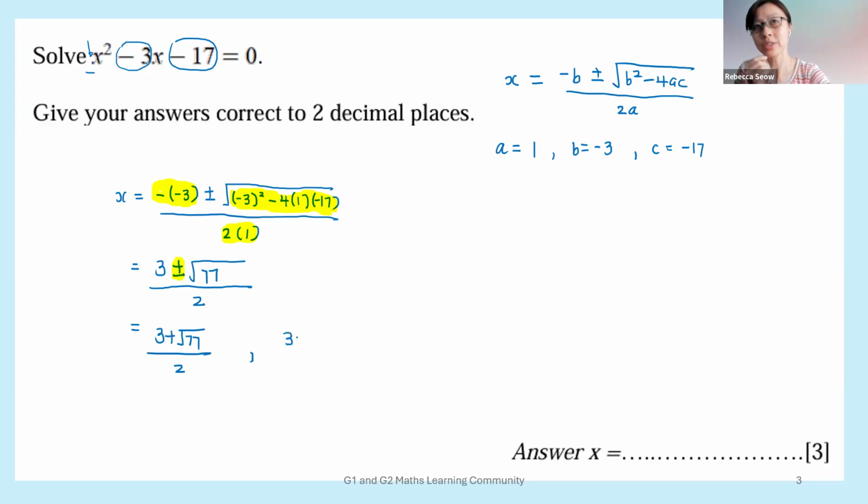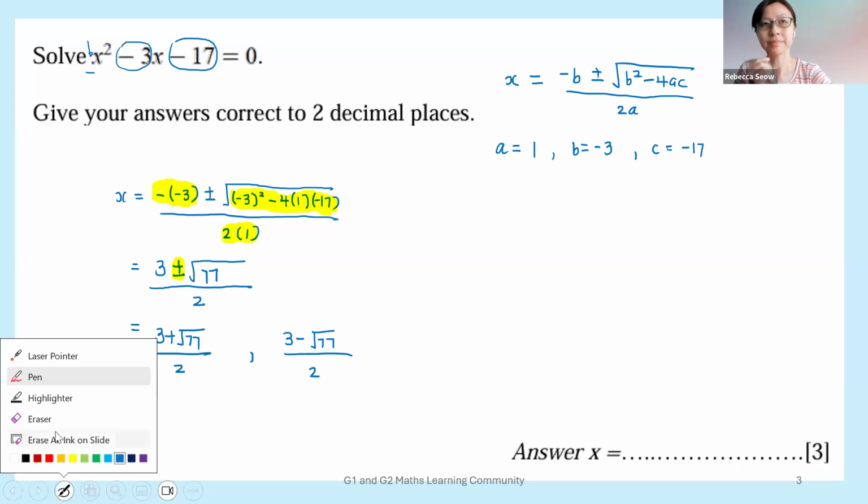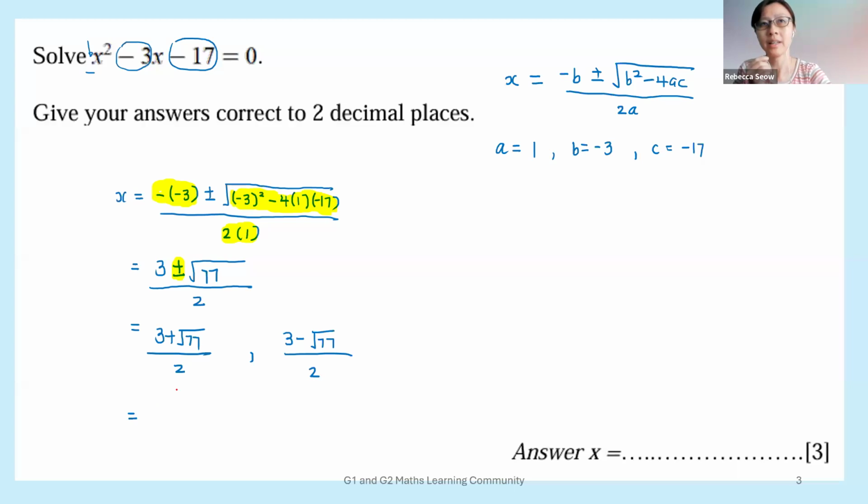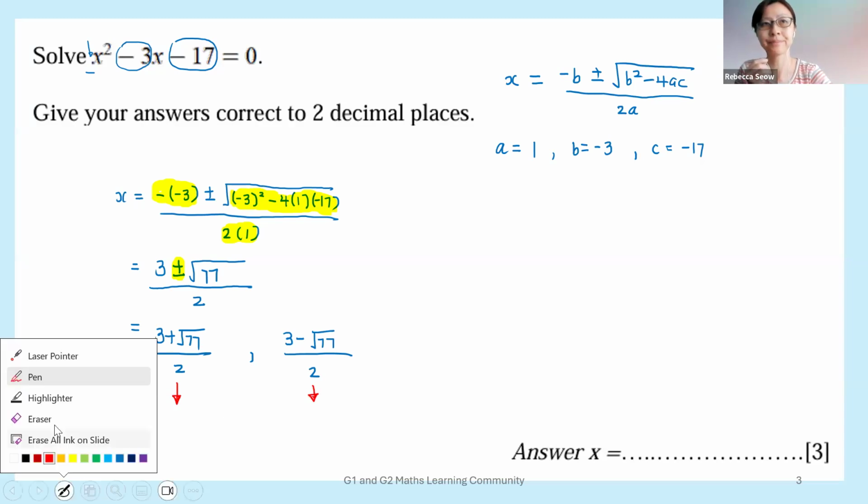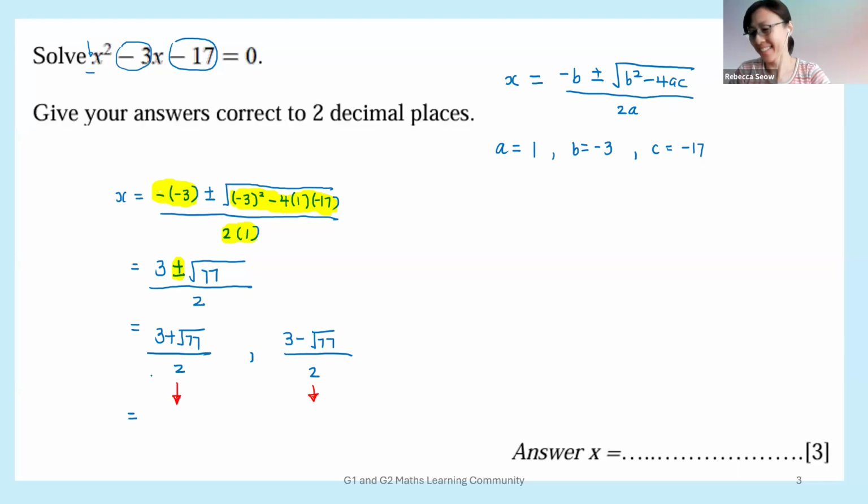And for the second solution, instead of the addition sign, I will put the sign at the bottom, which is the negative sign, within the expression. Now let me use the calculator to work out the individual solutions of x. Let's see.